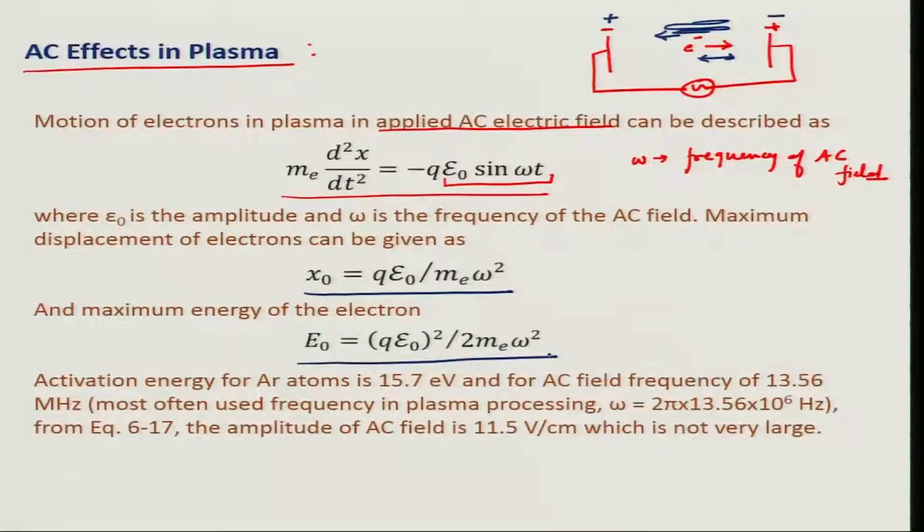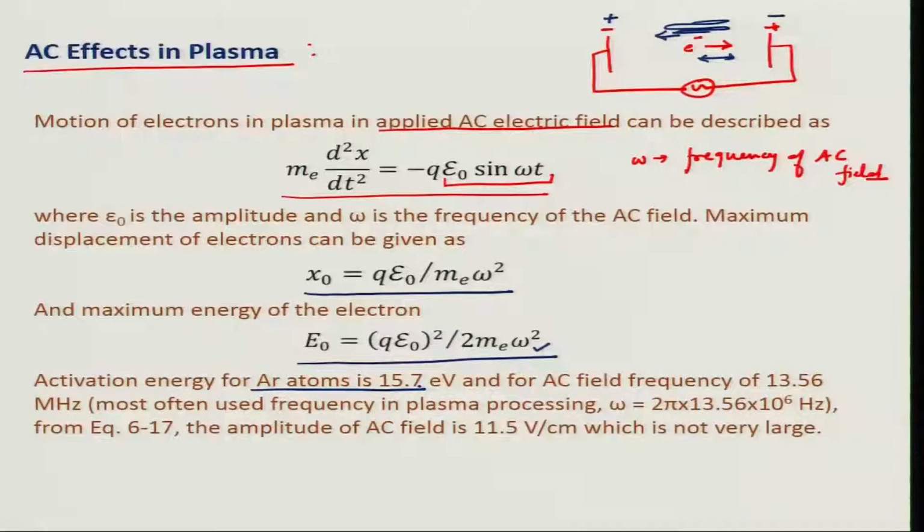This is the maximum energy of the electron in an AC field where the field frequency is omega. Now, why is this important? Because we want to use this oscillation and the maximum energy of the electron to ionize gas atoms to create plasma. Now, the activation energy of argon atoms is around 15.7 electron volt.